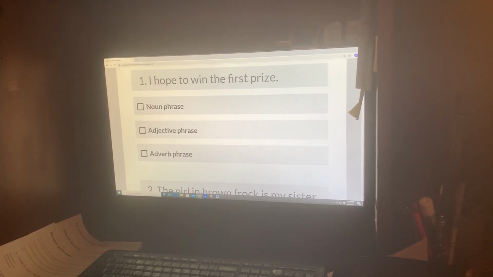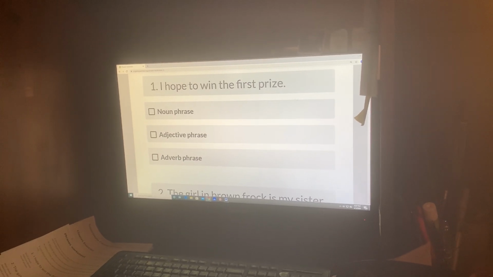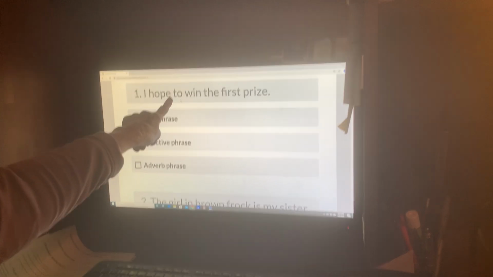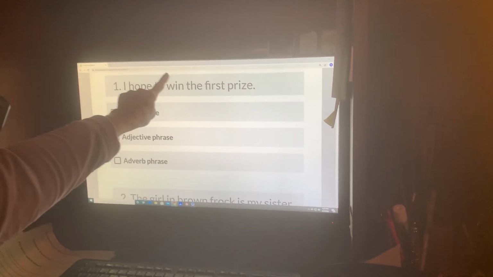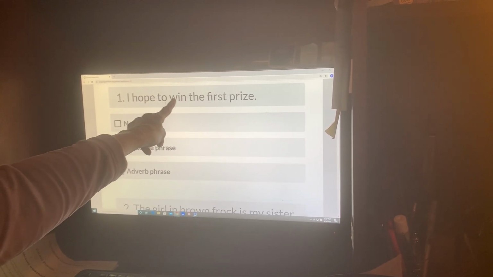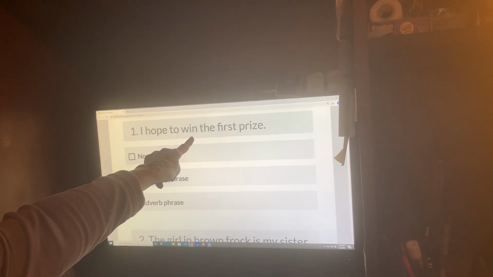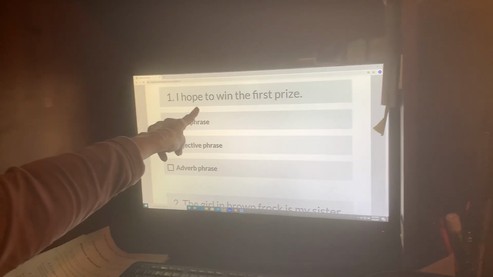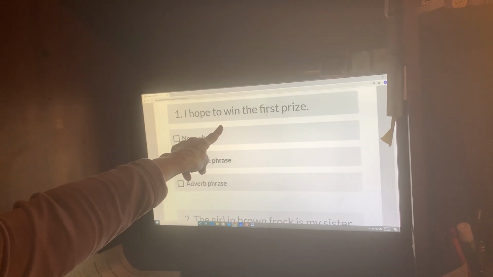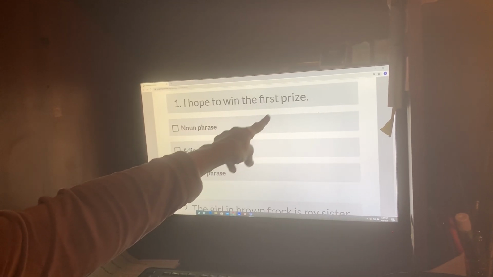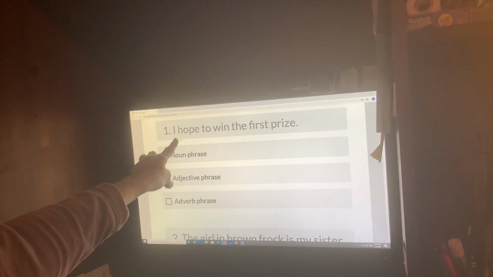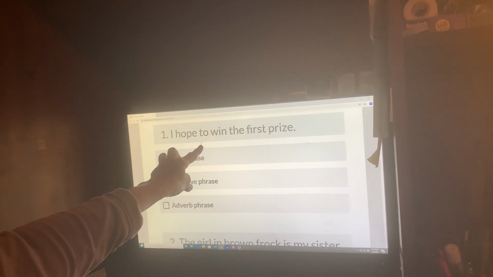I see this word right here, to. Well, that could be a preposition, or it could be an infinitive because it's followed by a verb. In fact, it's an infinitive phrase: to win the first prize. Subject I, action verb hope. I hope what?